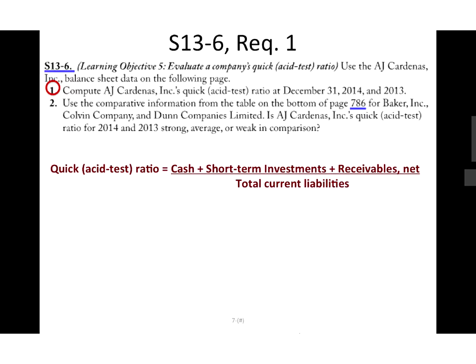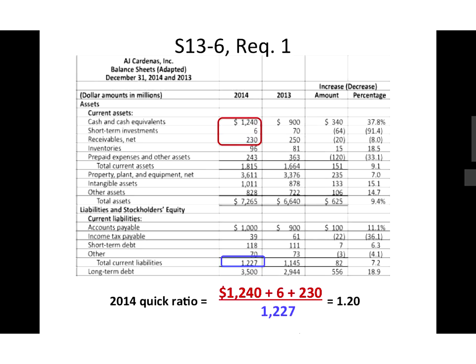And on the next page, I'm switching to show the balance sheet that we're given. We're given a balance sheet because we need to be able to take the cash, the short-term investments, and the receivables and divide by total current liabilities. So this is the balance sheet we're given, and we have to first of all calculate this for 2014. So I'm going to take my cash, my short-term investments, and my receivables, add those up, divide by current liabilities, and I get 1.2.